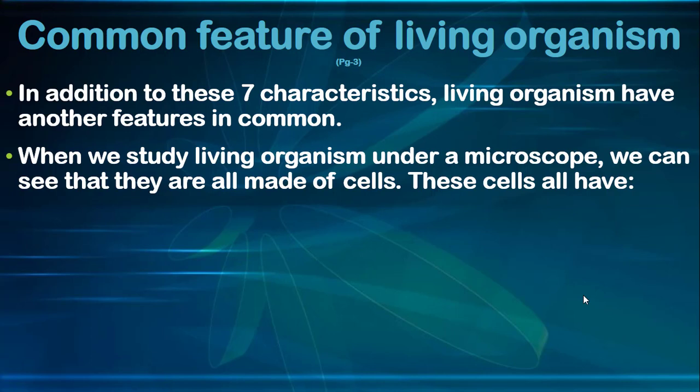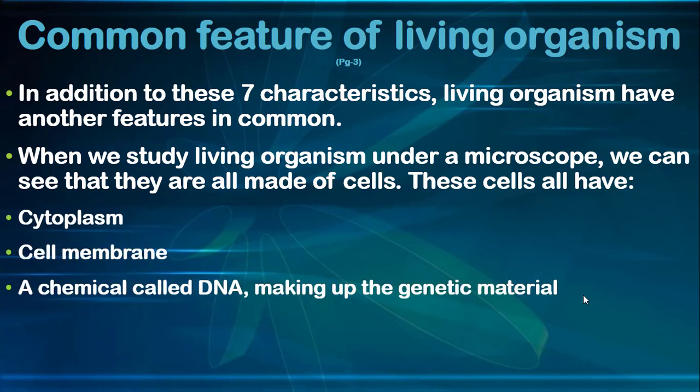These cells all have, number 1, cytoplasm, number 2, a cell membrane, and number 3, a chemical called DNA. DNA is the short form of deoxyribonucleic acid, and this makes up genetic material. Genetic material means DNA, RNA, chromosomes, etc. All these things are collectively known as genetic material.